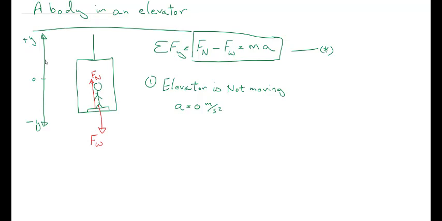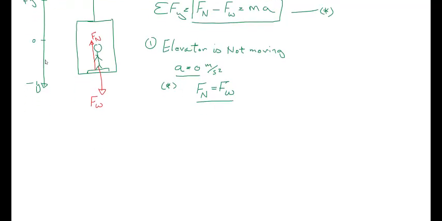That means, using this star equation, Fn, the reading on the balance, will be the actual weight of the person. So when the acceleration is 0, you will have the reading exactly the weight of the person.